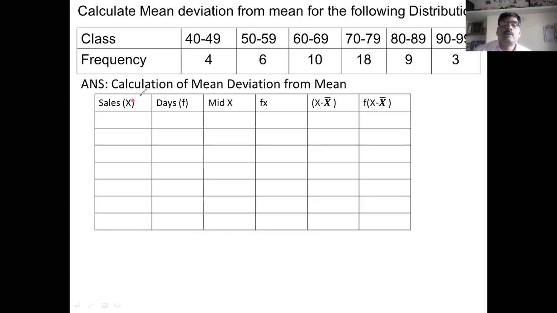In the second problem, there are x value and frequency, and I made 5 columns. And here one more column extra is mid x. Mid x value is the extra column. Remember this. First you write the class.